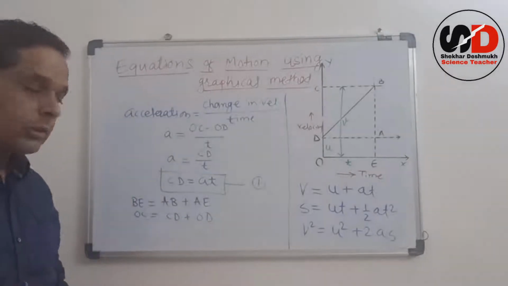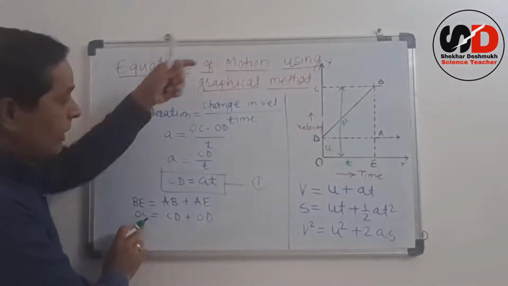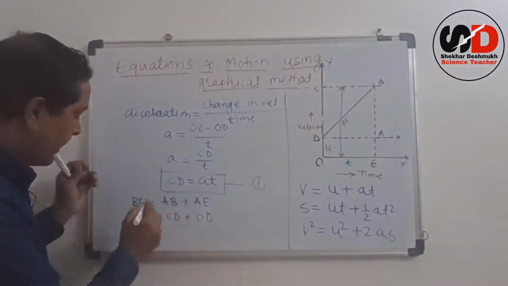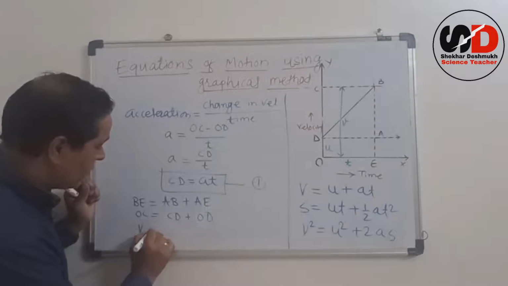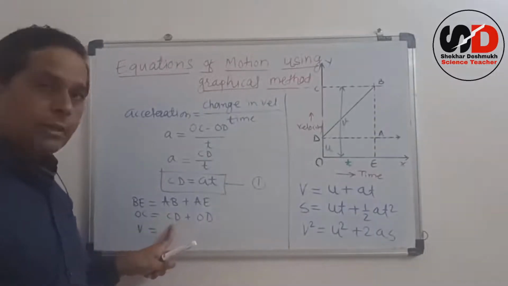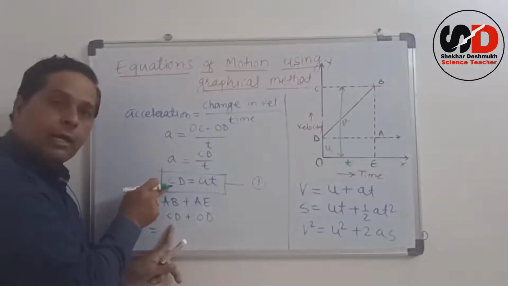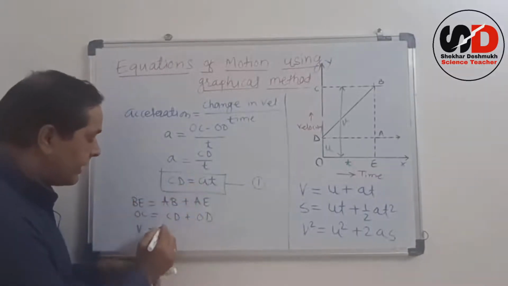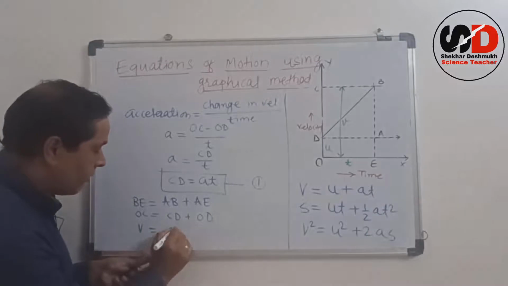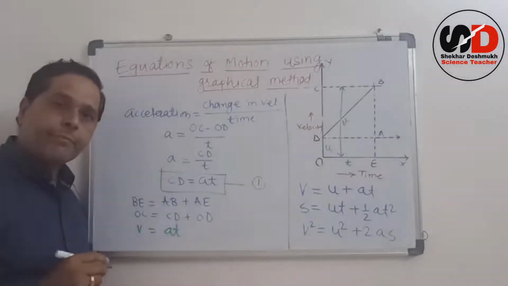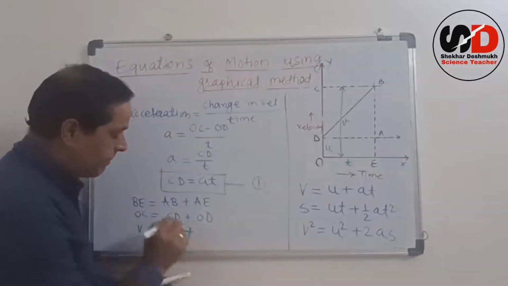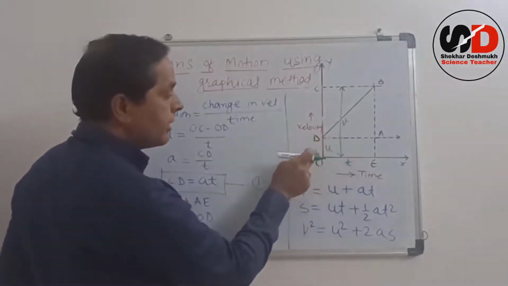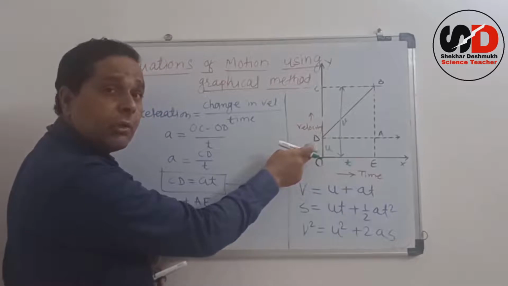And we know the values. What is the value of OC? OC is nothing but V. So take it, V is equal to CD. The value of CD that we already have in equation number 1. What is CD? CD is equal to AT. So write it here, V is equal to AT plus what is OD? OD is nothing but the initial velocity from this graph.